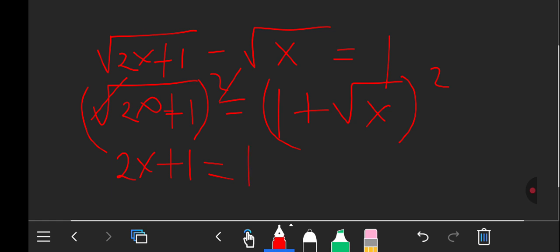1 square is just 1, then plus, because there's a plus there, you just multiply 2 times 1 times the square root of x, that is 2 square root of x, then plus the square root of x squared.